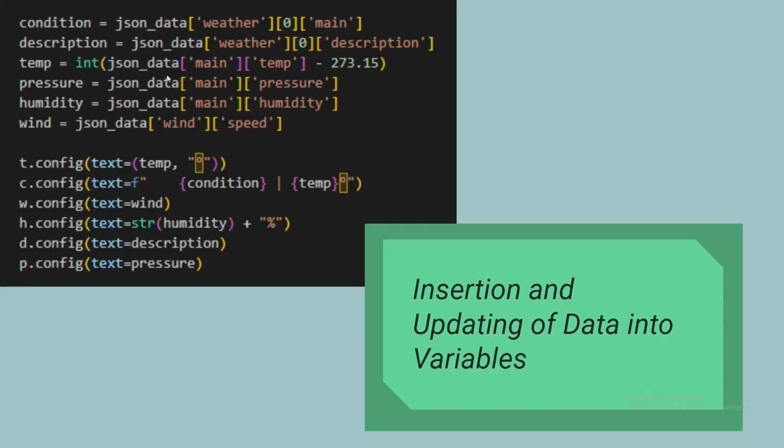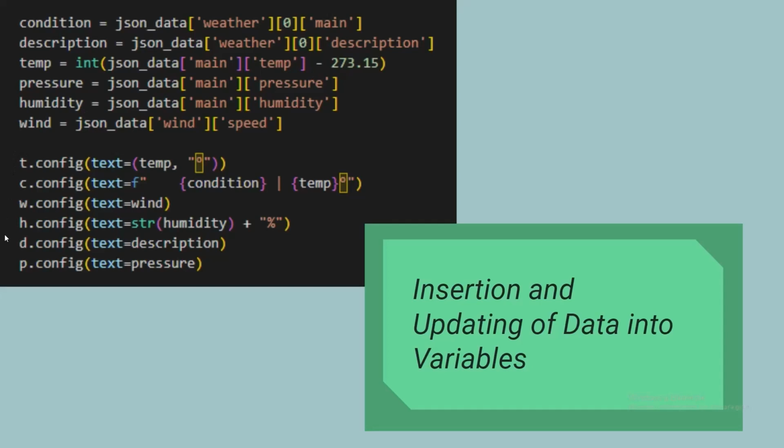Here, we also defined the temperature as an integer. The reason for this is that OpenWeatherMap gives the temperature in Kelvin. Here, we convert the temperature given in Kelvin to Celsius by doing a small operation.